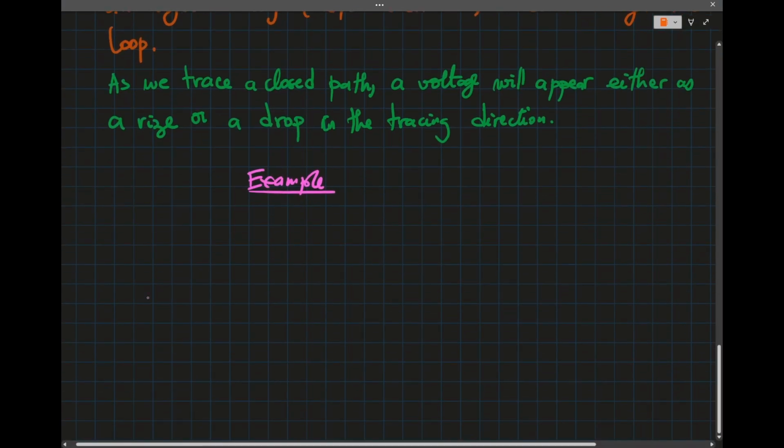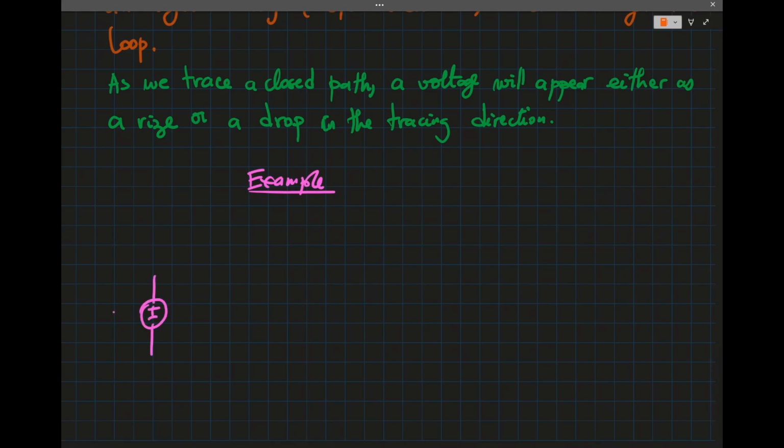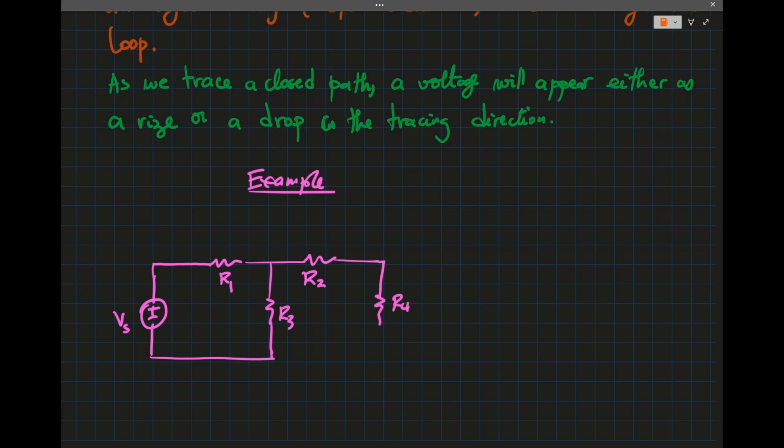So let's assume we have this VS1, R1, R2, R3, R4, and VS2, for example.